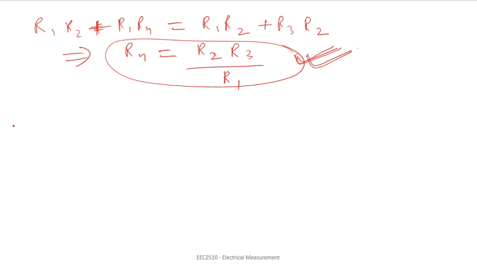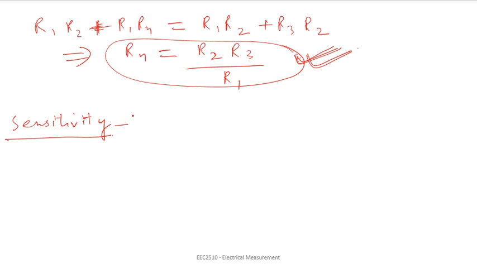Now there is a term, sensitivity, which can be defined for a bridge circuit. If the bridge is in unbalanced condition, the current will flow through the galvanometer, causing the deflection of its pointer, that we have already discussed.